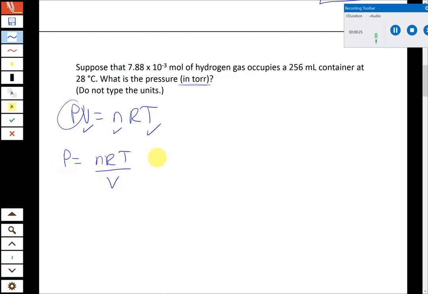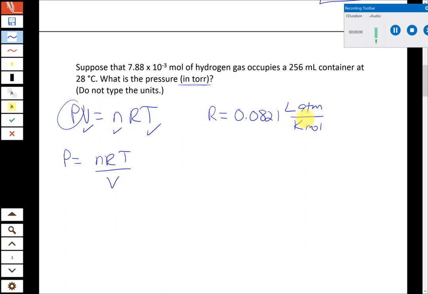Now the key thing to do in these ideal gas problems is when we're using R, the universal gas constant, we need to make sure we keep straight what units that's in. So R is going to be 0.0821 liter atmospheres over K mole. And so what this means is that if we're using R, volume has to be in liters, pressure has to be in atmospheres, number of moles, of course, is in moles, temperature has to be in Kelvin.